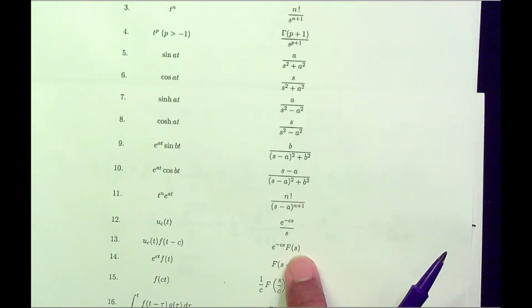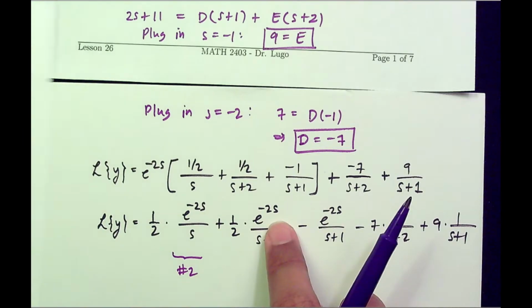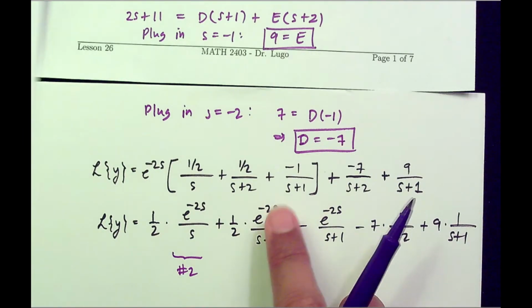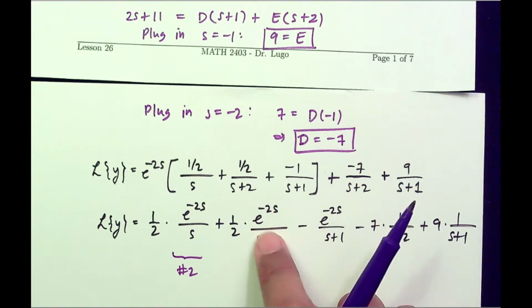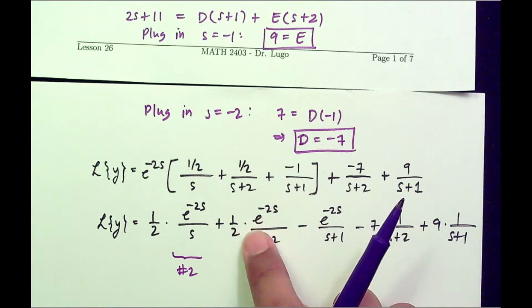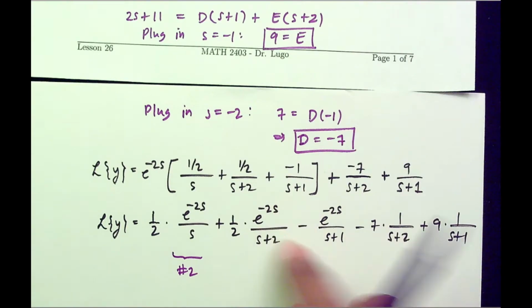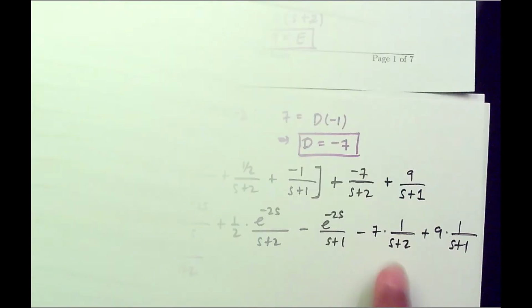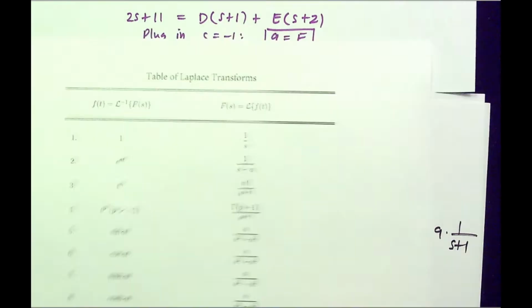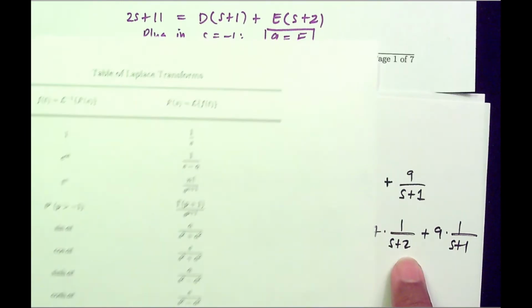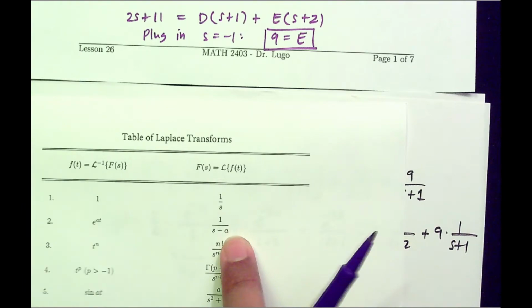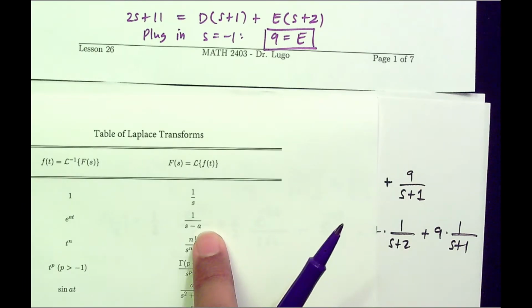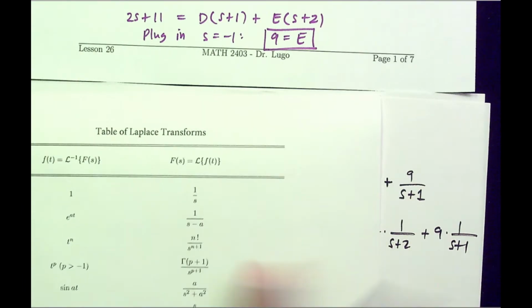E to a power, think about it separately. E to a power times 1 over s plus 2. Same with the other one. And these ones, oh, these ones are a little bit easier. That one is just that with a equals -2, and the other one is the same with a equals -1.